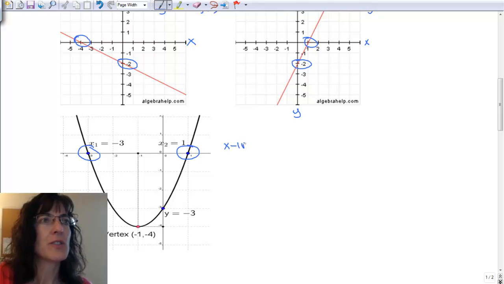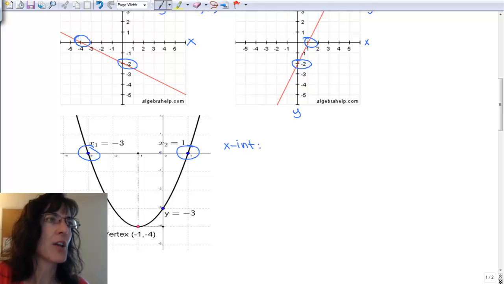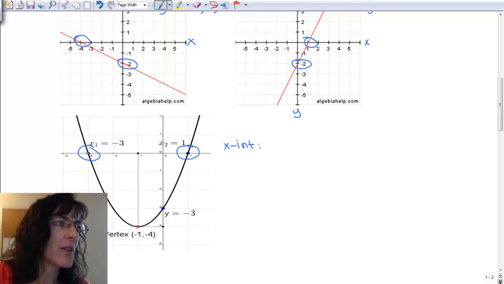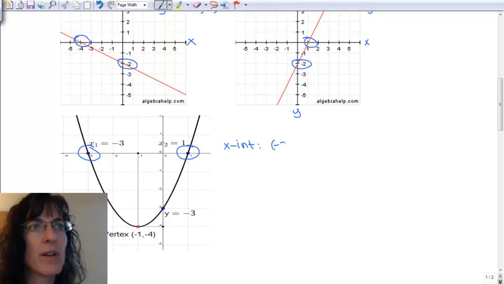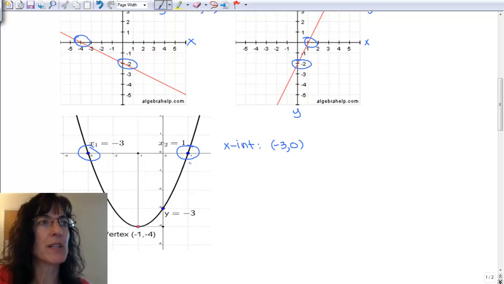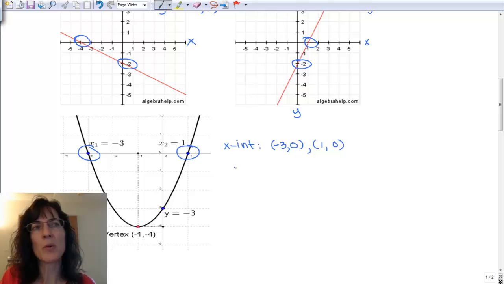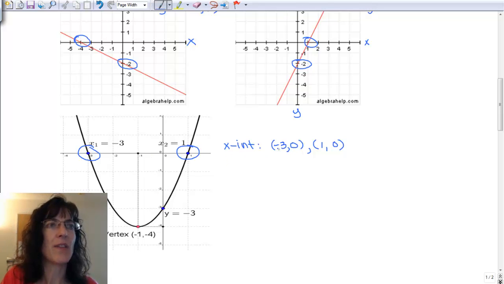We have two of them, as we can see when we track across the x-axis, two places where our graphed shape crosses the x-axis. One of them is at -1, -2, -3, 0. And again, we have a 0 in the y part. That's what we expect for an x-intercept. And the second one is at +1, 0. So two x-intercepts, or two zeros of this equation, and they are at -3, 0 and +1, 0.